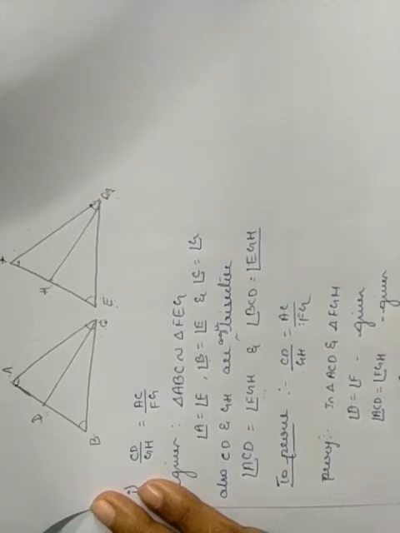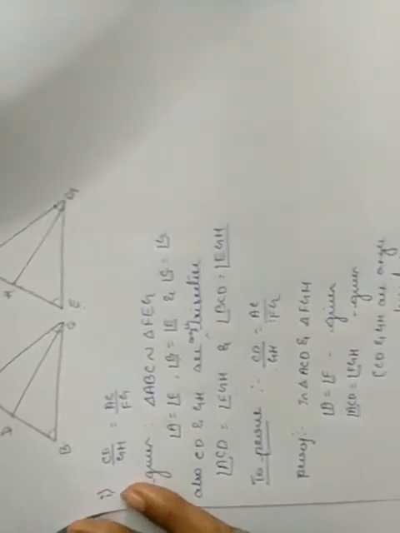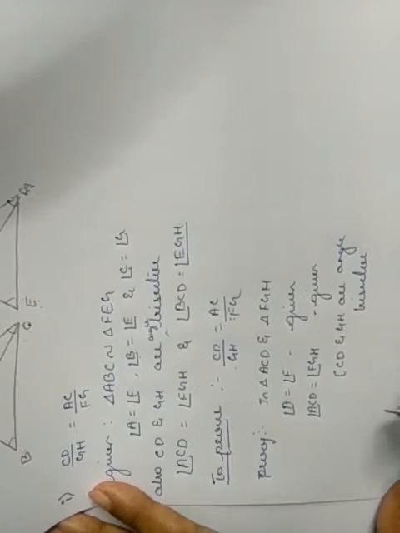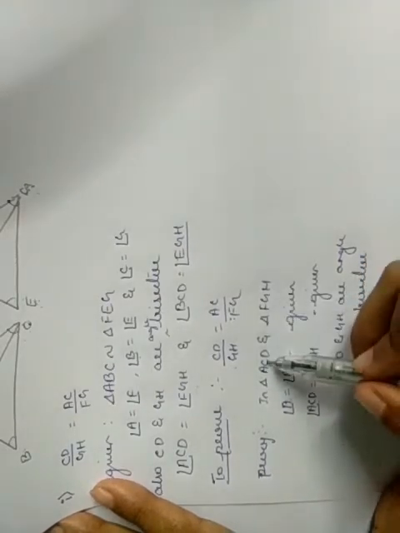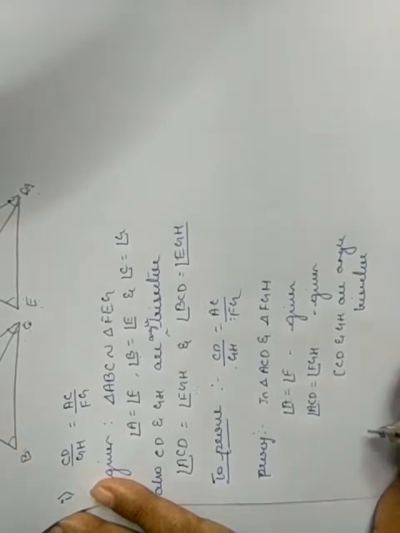Or you can write because CD and GH are angle bisectors. Right? These two are angle bisectors. Then by angle criteria, we can say that these two triangles are similar.